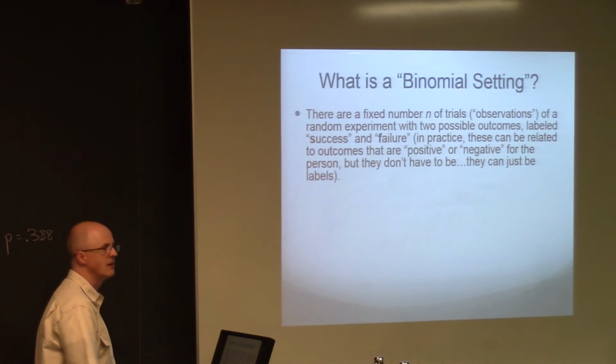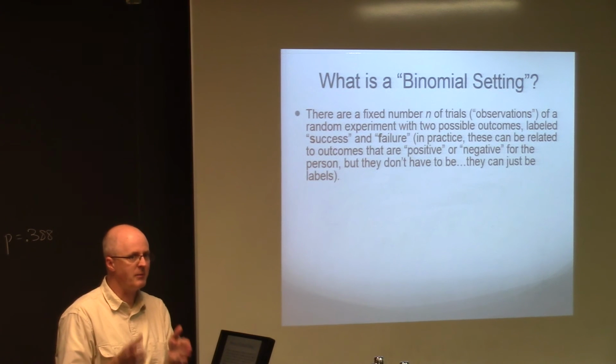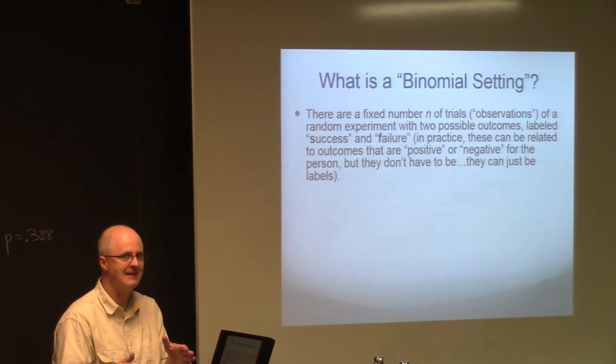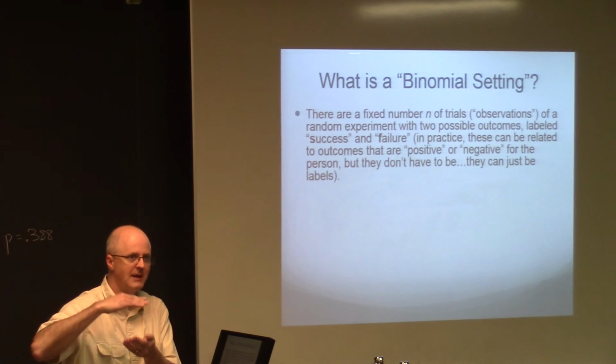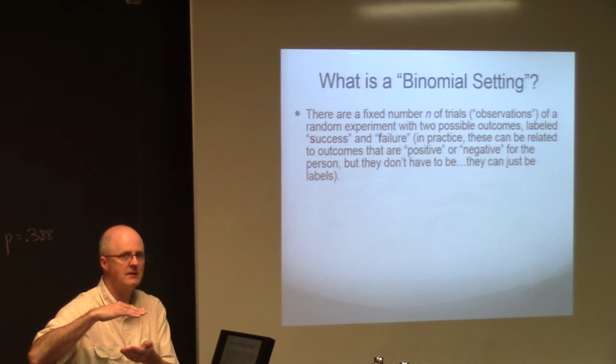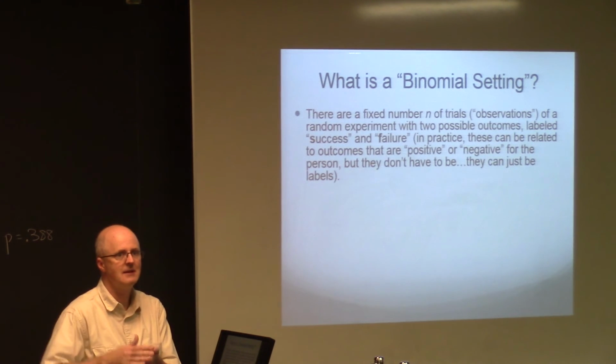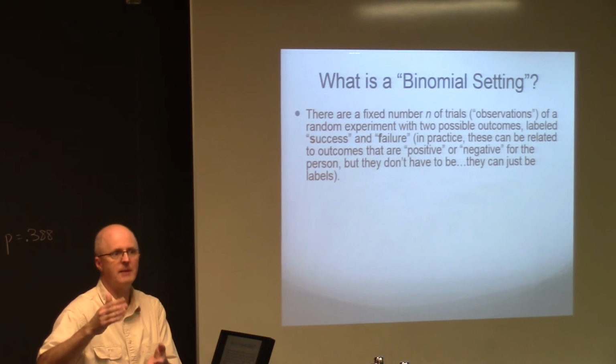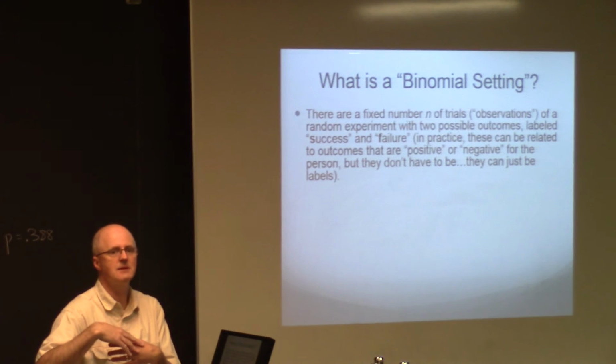This is a review. The key difference between a binomial and a Poisson at the most basic level is that with a binomial you have a fixed number of trials, n. So that's an upper limit on how big x can be, the count. You're counting successes, but it can't be bigger than n because that's the number of trials, like the number of at-bats or number of free throw attempts.